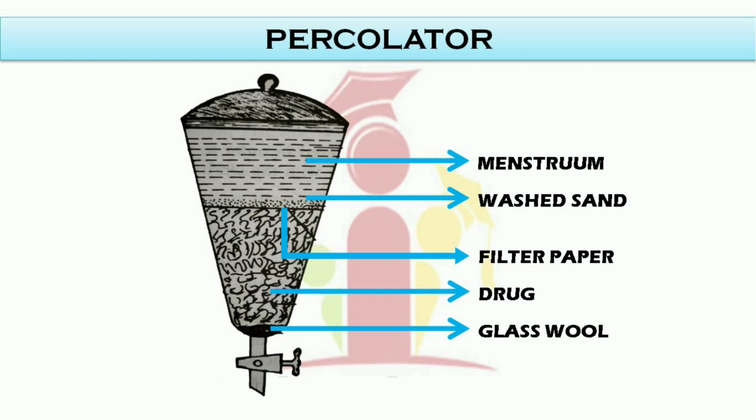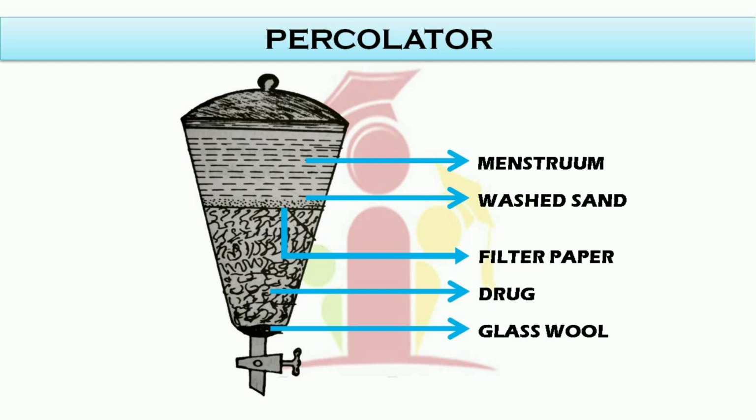Then packing of the drug in the percolator is done. Before packing, the drug is usually passed through a sieve to break down any lumps or masses. Glass wool moistened with solvent is placed at the bottom of the percolator to prevent blockage of the tap.